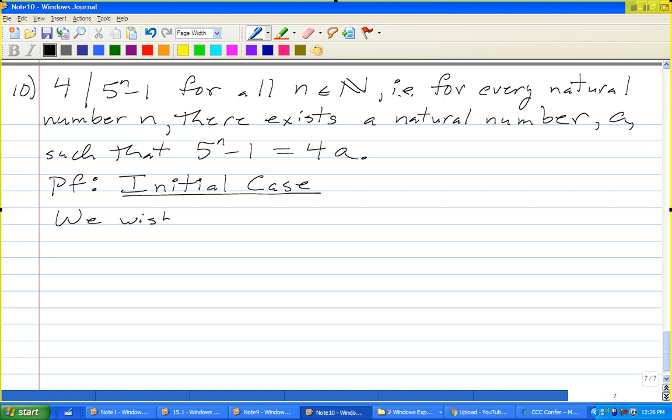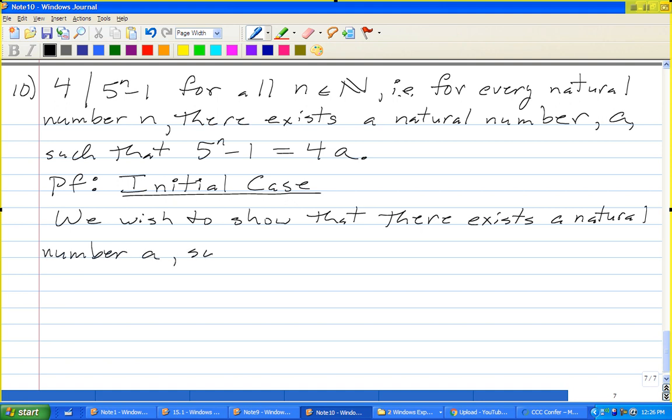We wish to show that there exists a natural number a such that 5^n minus 1 is 4a when n is equal to 1.